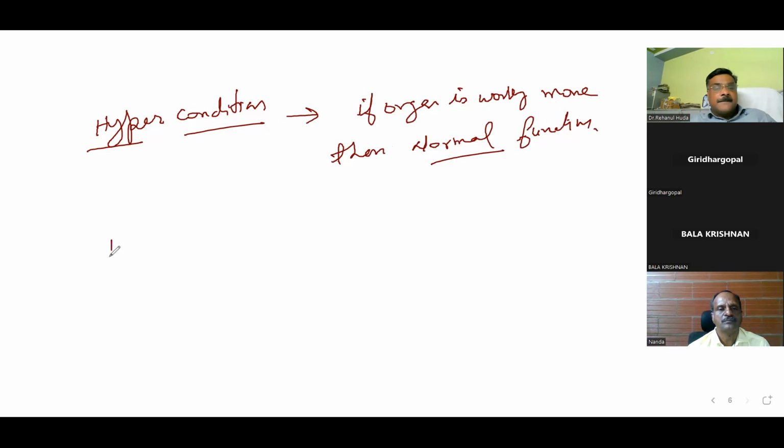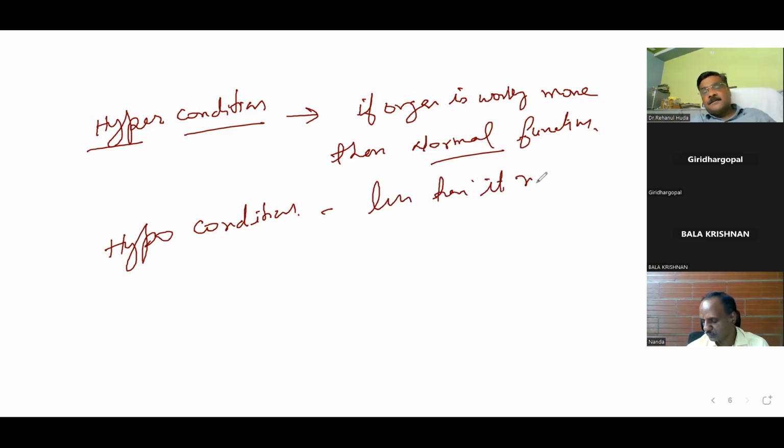If organ is working less than its normal function, it is hypofunction.